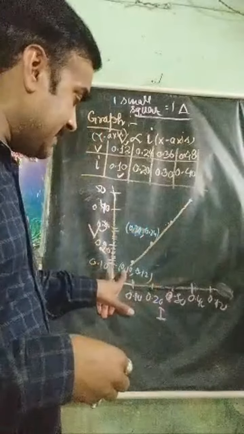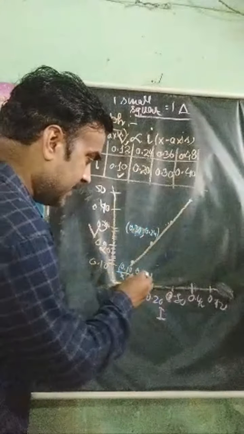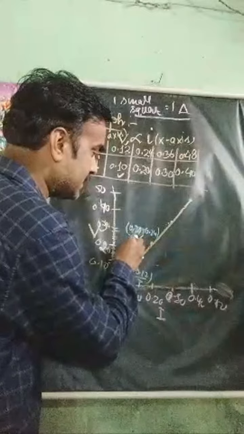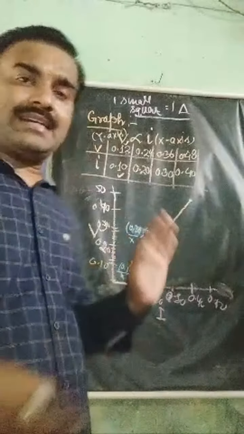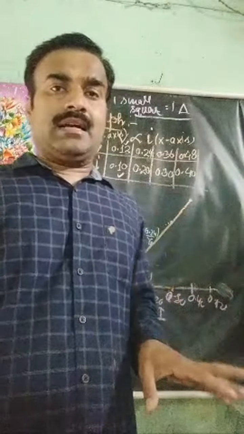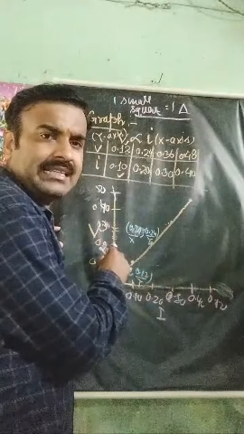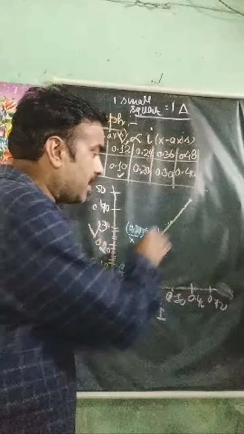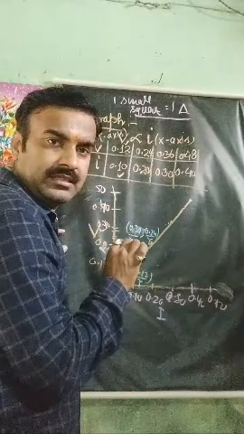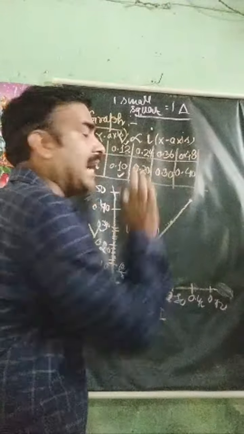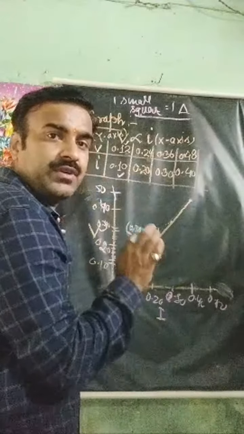See, this is the x-axis and this one the y-axis. Sometimes the students write like that. You can also write like that, but don't try to, because in the higher class it is not going to be permitted.